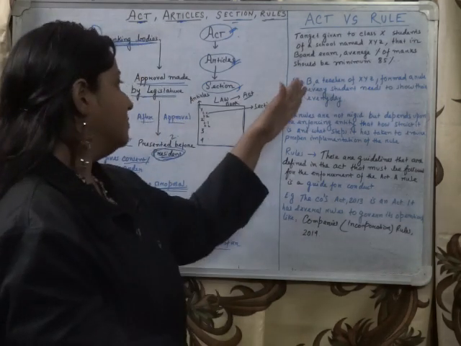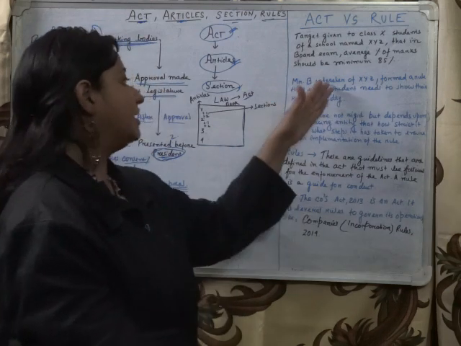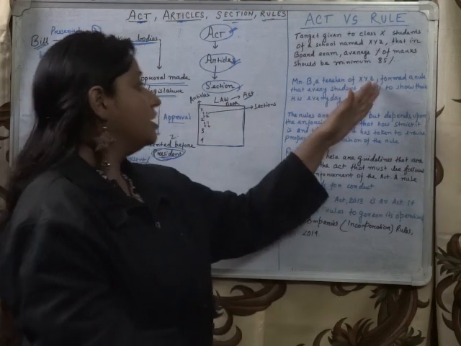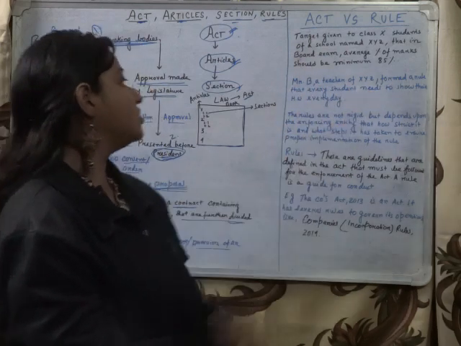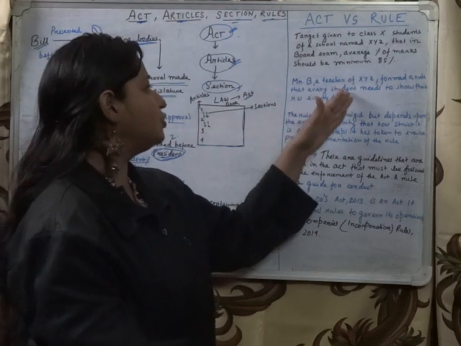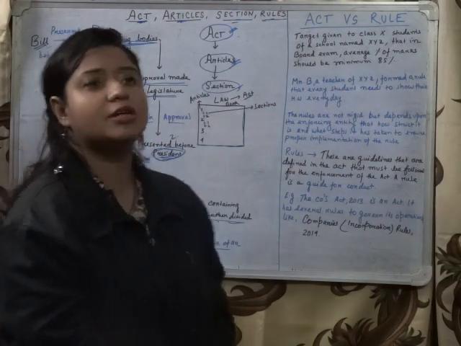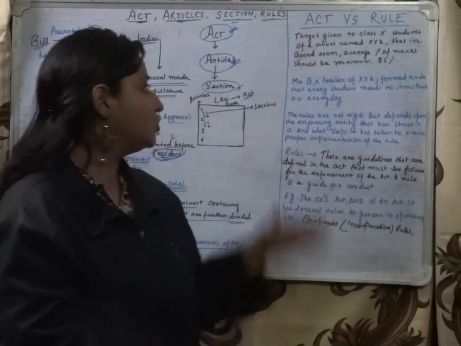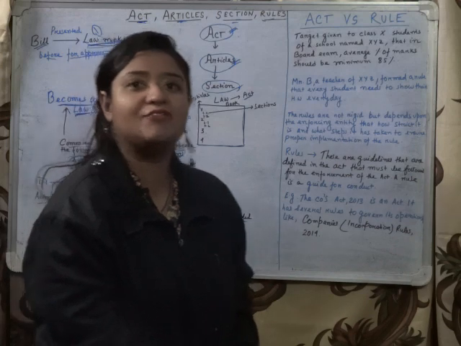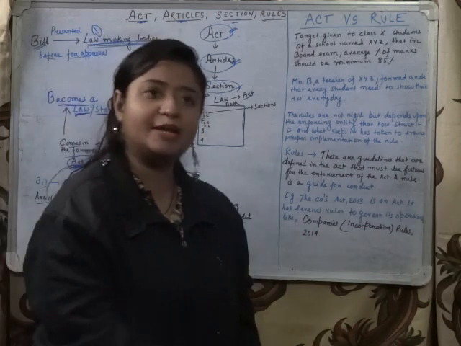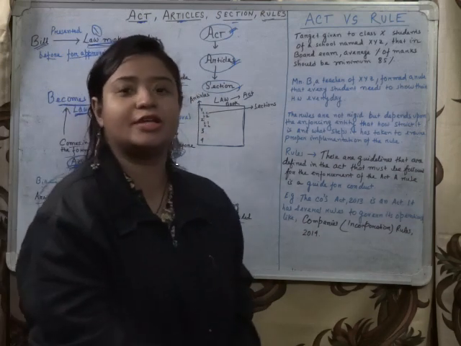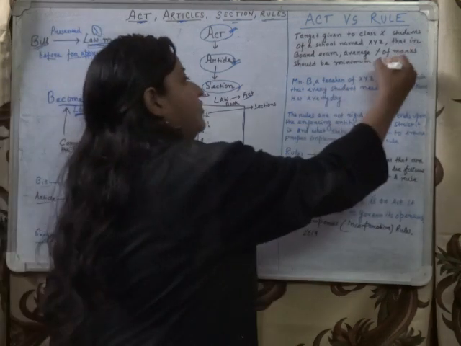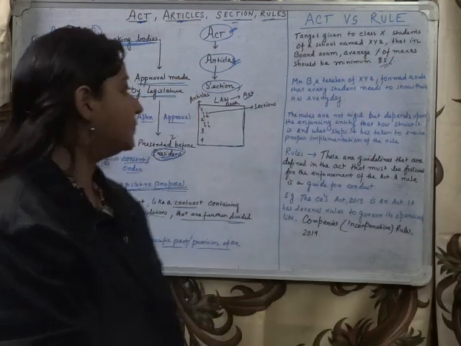Here, Mr. B, a teacher of that school named XYZ, has formed a rule that every student needs to show their homework every day, so that they study properly and then get ready for the examination. Finally, the goal is to achieve 85% of marks, right?